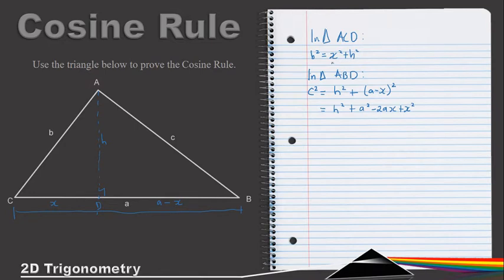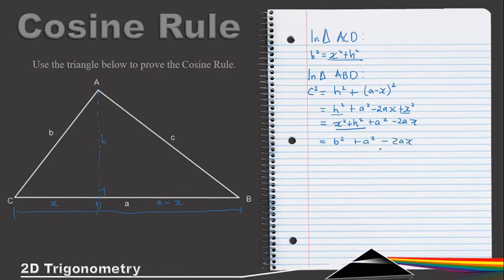Once we're here, if I just rearrange this, there's an h squared and an x squared like we see here. So to rearrange it, I'm just going to write x squared plus h squared, and then these two terms are plus a squared minus 2ax. So this I'm going to replace with b squared. So this is going to be b squared plus a squared minus 2ax.